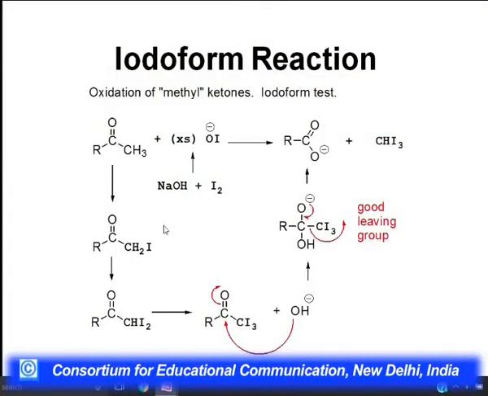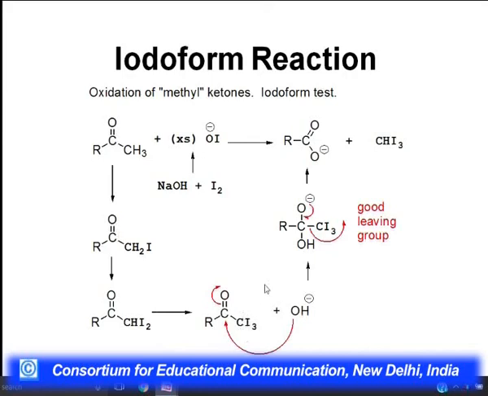So to make this reaction more practical, we do the reaction with iodine. The reaction mechanism is going to be the same. Everything is the same. The only difference is that we will get yellow colored solid iodoform when the reaction has taken place. So we are doing the reaction with 4 molecules of NaOH and 3 molecules of iodine, resulting in the formation of first the monohalogen compound, then the dihalogen, and then the iodo compound, and this will be facilitated by attack of OH on the carbonyl carbon.